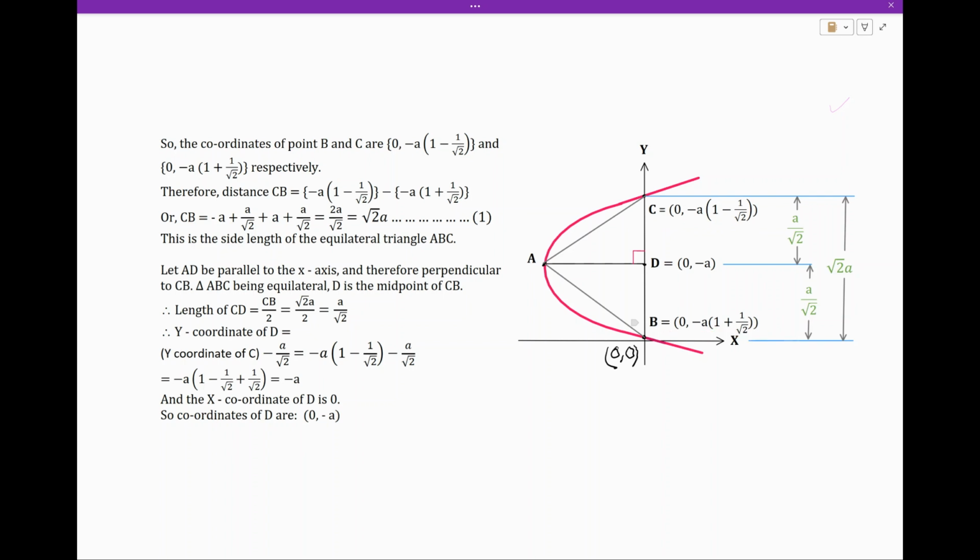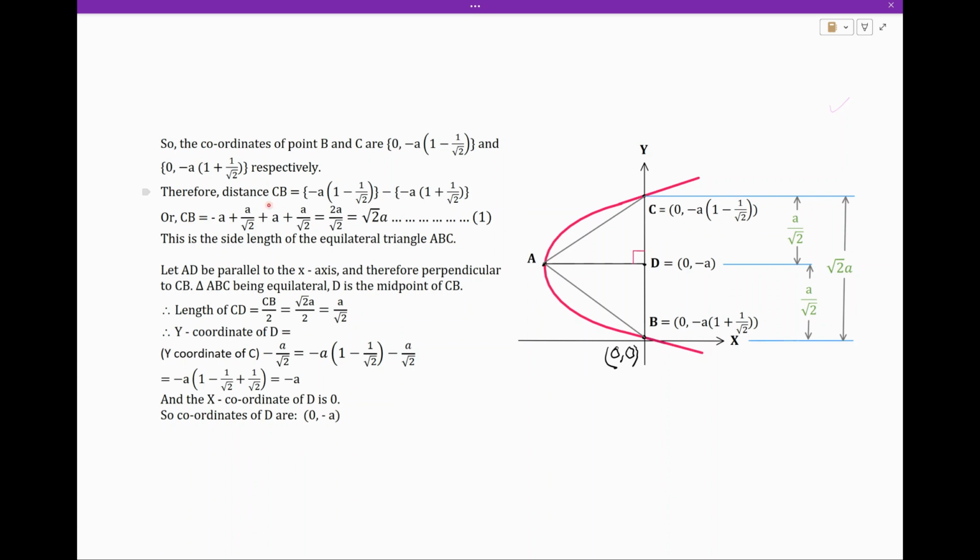Therefore, the distance between B and C would be the difference of their coordinates, that is only the y coordinates, because for both B and C, the x coordinates are 0.